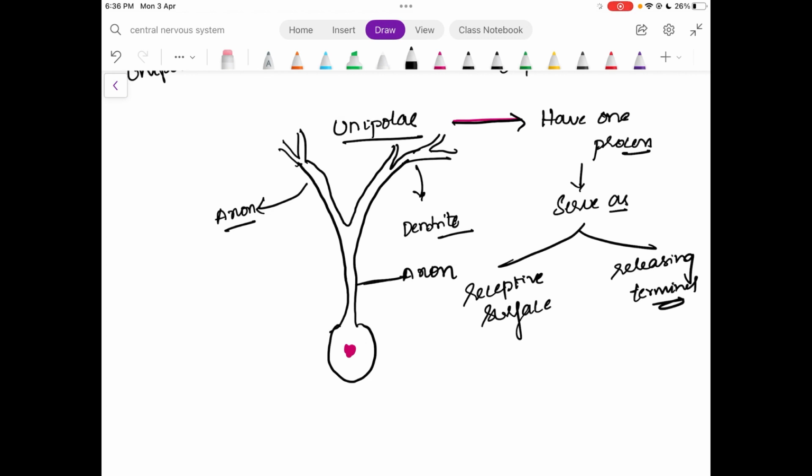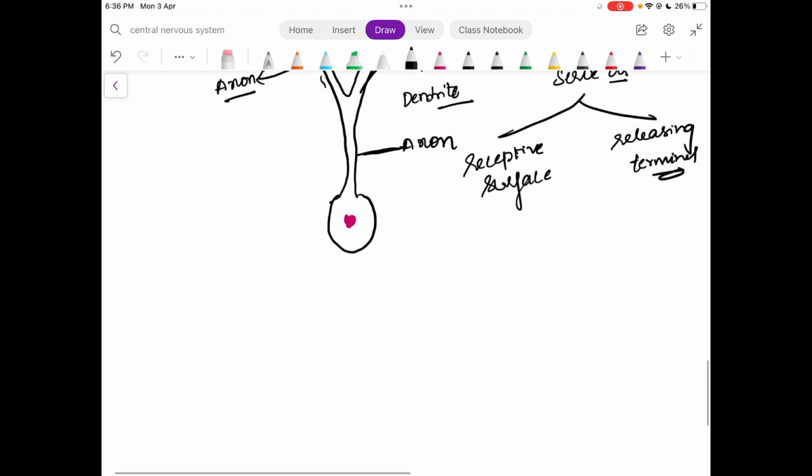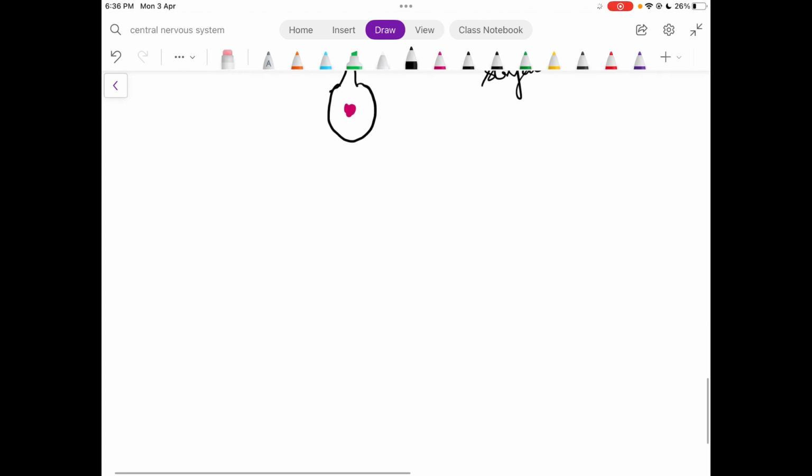So this single process is divided into axon and dendrite. That is a unipolar neuron. It is seen in invertebrates.